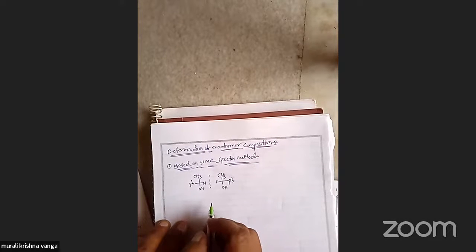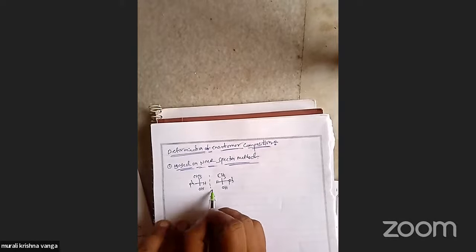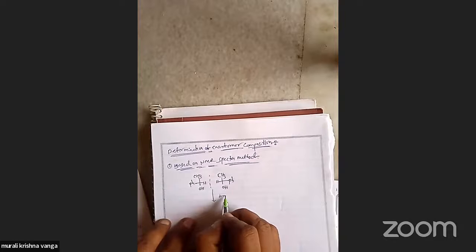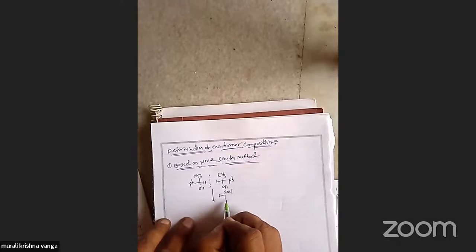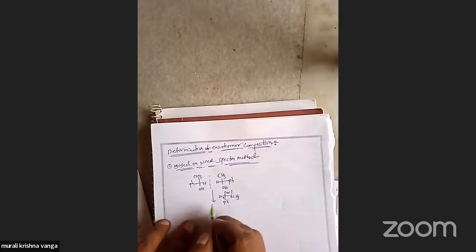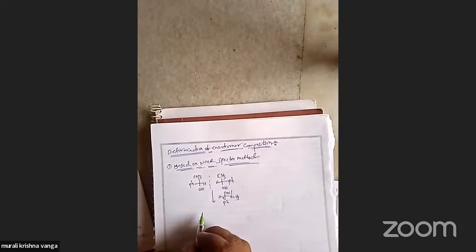Then only we can separate them. Diastereomers are separated by physical methods like boiling point and melting point. When these enantiomers react with a chiral substrate, they form a diastereomeric mixture.